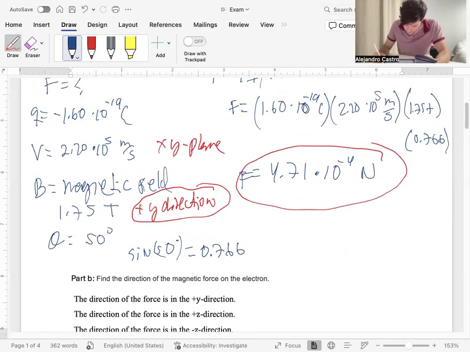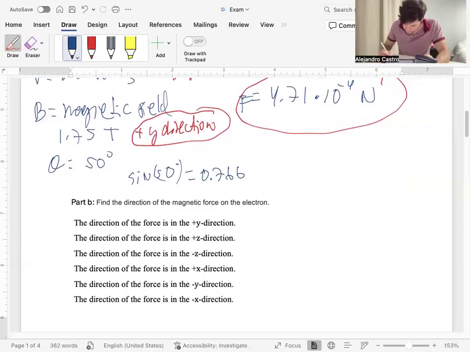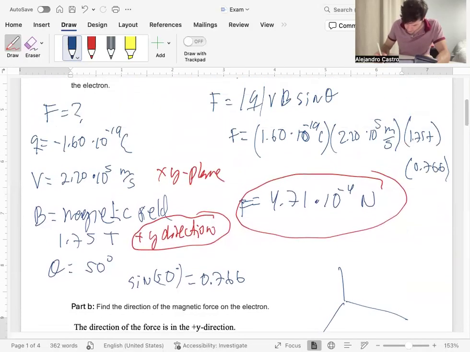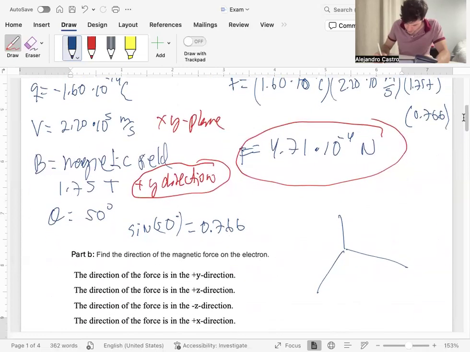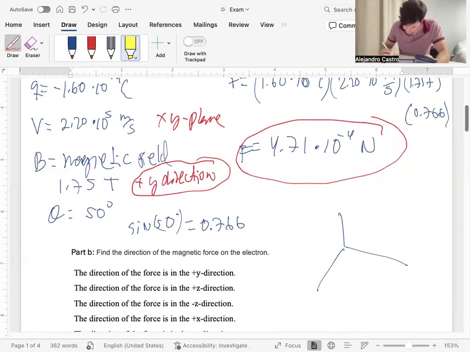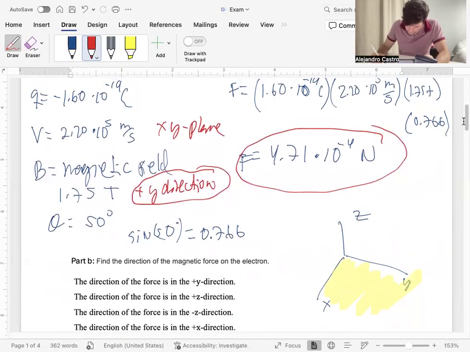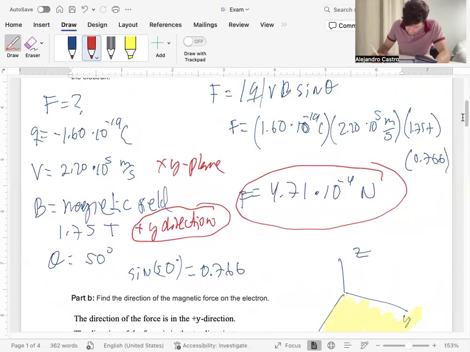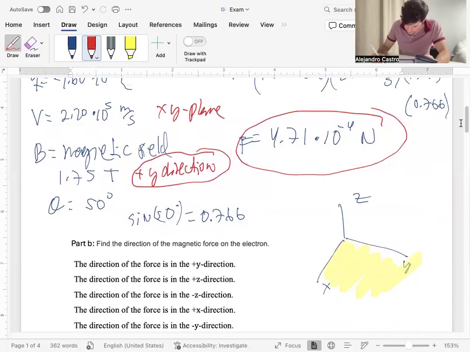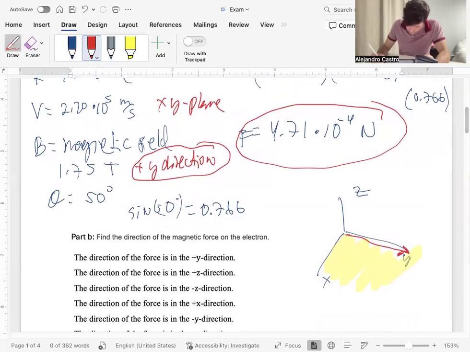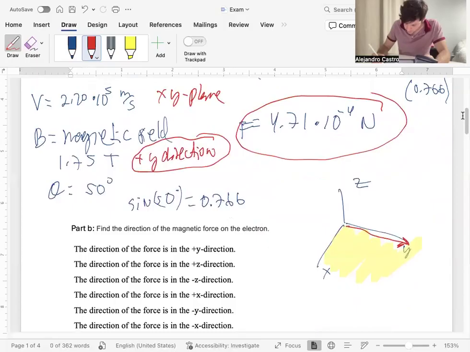If we know that a particle is moving through the xy plane, and we know that the magnetic field direction is going to be the y, the direction of the magnetic force has to be perpendicular.